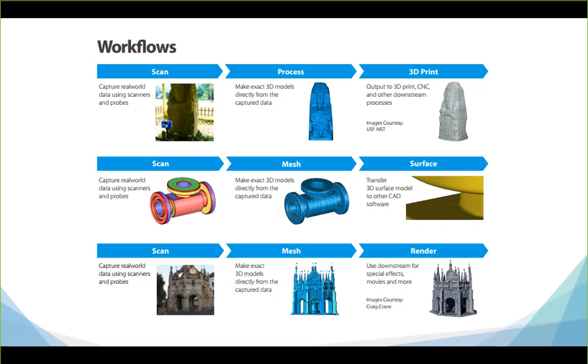And the second one is capturing the real-world objects and then processing that mesh into a surface, and then saving that surface out to go on to your CAD package or other manufacturing solutions. And then the last one here is scanning and capturing that information into a mesh and then using it for rendering or visualization. So these three major workflows are what the Wrap product addresses.